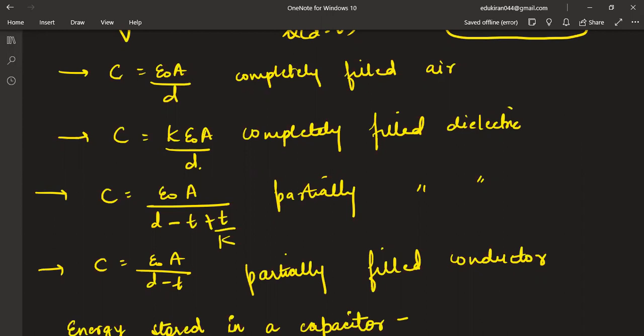Energy part is very easy. Half CV square, everybody remembers. Half QV, everyone remembers. Half Q square by 2C, everybody remembers this. But what you have to remember are these four parallel plate formulas: for completely filled dielectric, for partially filled dielectric, and for partly filled conductor.